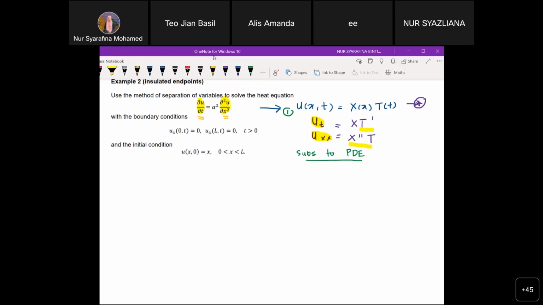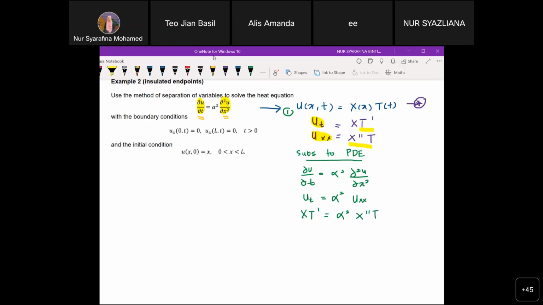okay, the PDE should have del u del t, del squared u del x squared. So del u del t is ut. Alpha squared del squared u del x squared is u double x. So ut is what? Ut is xt prime. Alpha squared u double x is x double prime t.